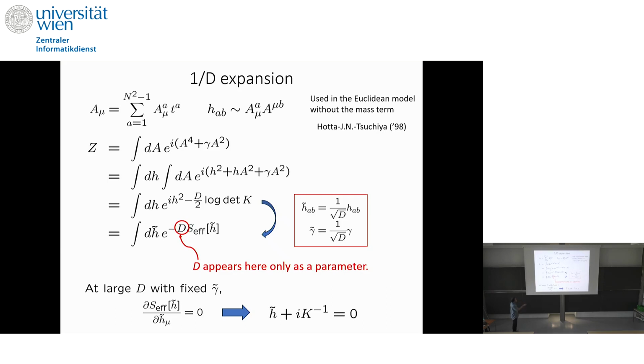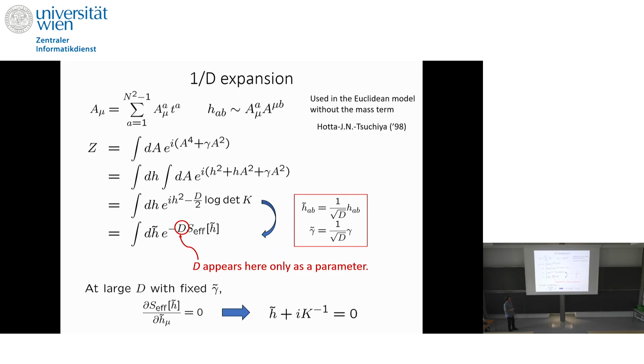And after rescaling this H in this way, you get an overall factor of D in front of the effective action. And here D, this number of bosonic matrices, appears as a parameter in the exponent like this.